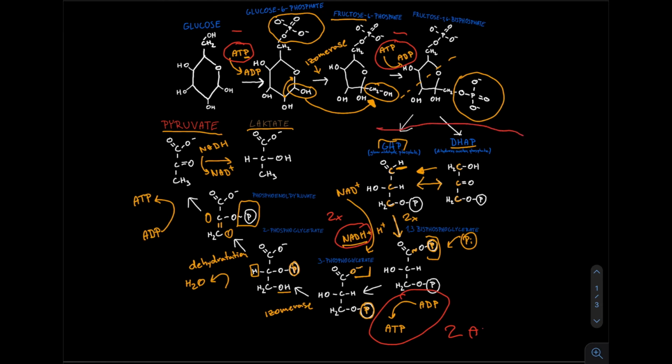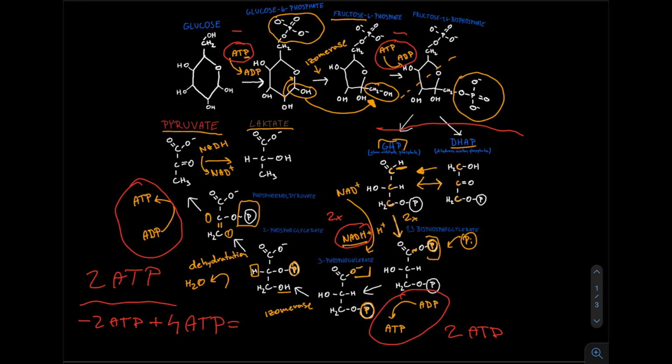We gain 2 ATP, and right here we gain another 2 ATP. So at the beginning we are minus 2 ATP, but in the process of glycolysis we gained 4 ATP, so we gain 2 ATP net.